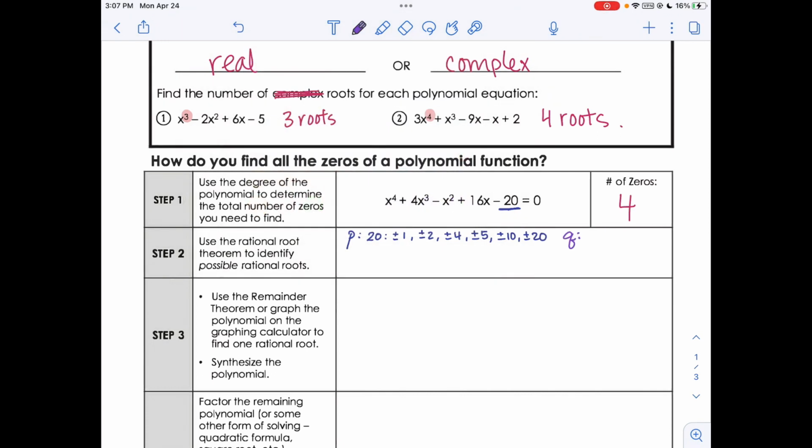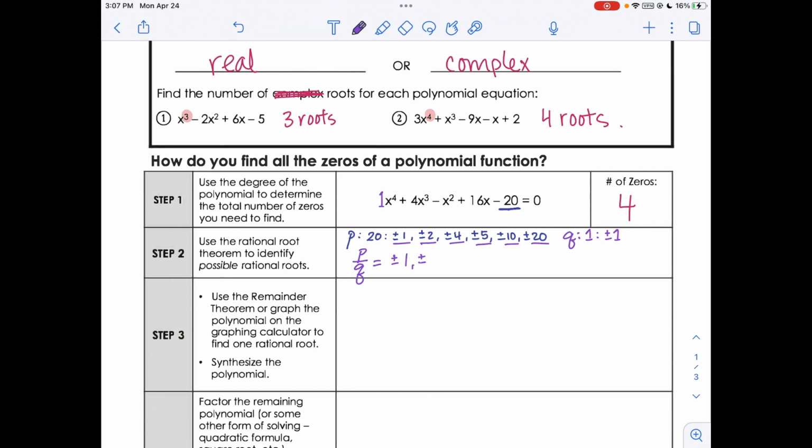And q values are for the leading coefficient, which is 1. The factors are just 1, plus or minus 1. So if I put each of these factors over 1, I'm going to end up with the possible roots that we would get. So p over q would be plus or minus 1. 1 over 1 is 1.